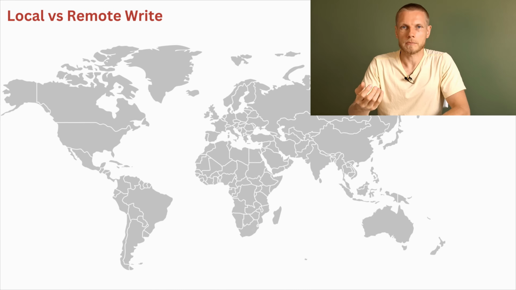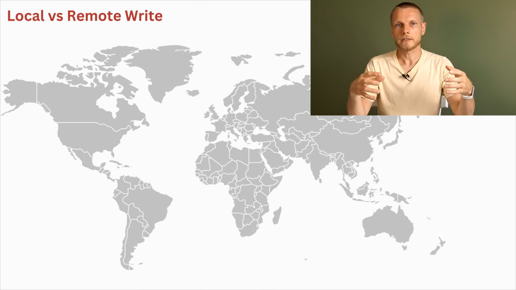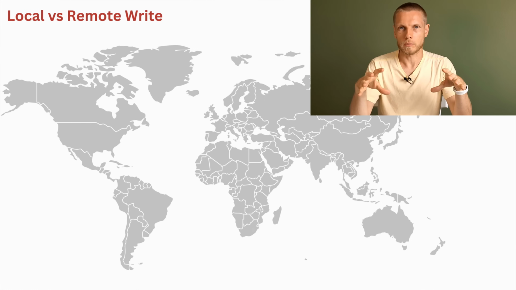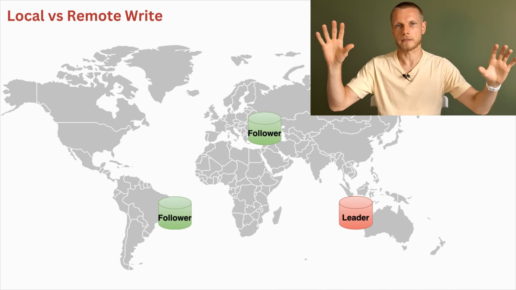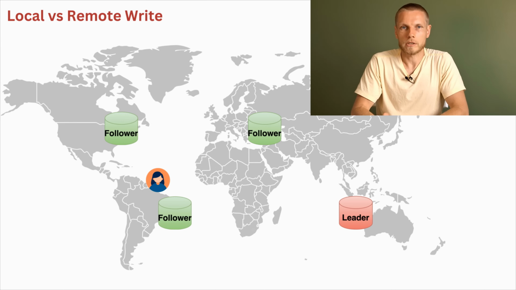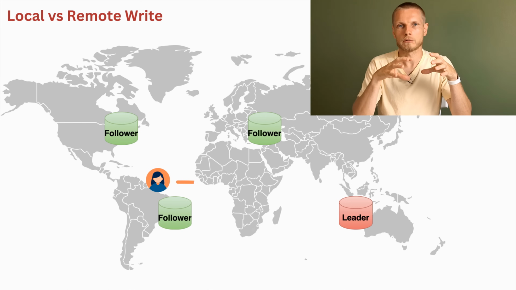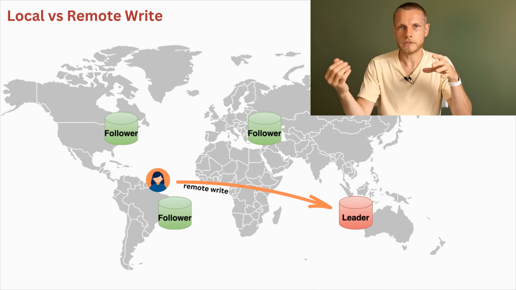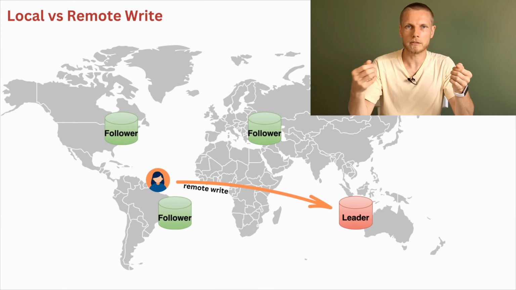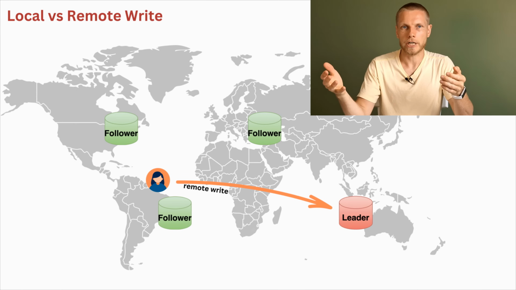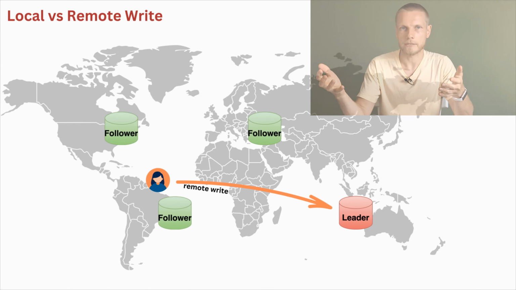There is an interesting concept of local and remote write. Imagine we have a leader-follower system with the leader located in Australia and the client located in Brazil. If the client wants to make a write, it needs to send a request to the remote leader. Obviously, it will not be very effective because of the network delay, because of the round trip, and it will be even more ineffective if the client wants to make not a single write, but a series of writes, and probably heavy writes.